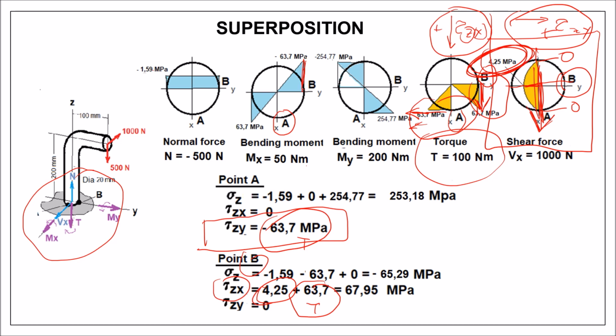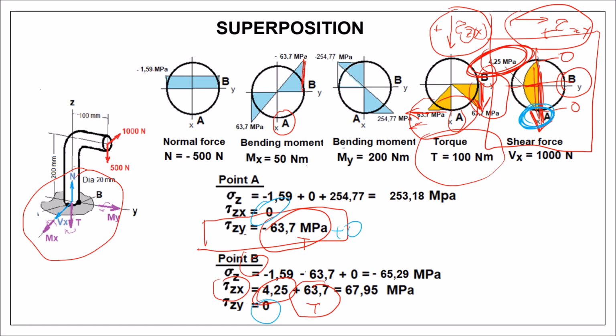And if you look, point A lies on the surface. So point A has actually nothing. So we will have, let's say, +0. And in the other direction, there's actually no stress at all.